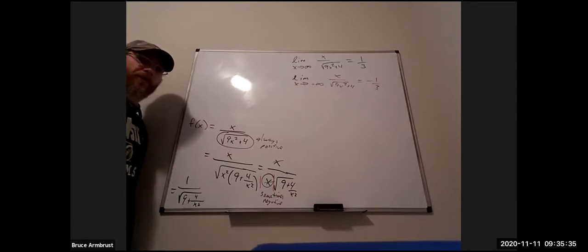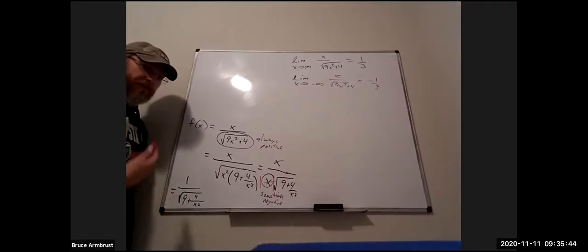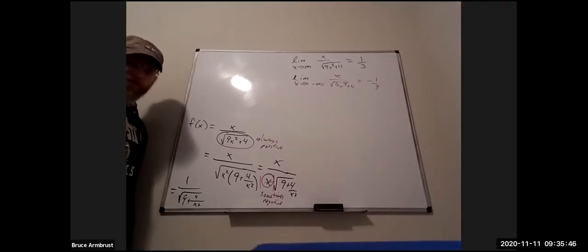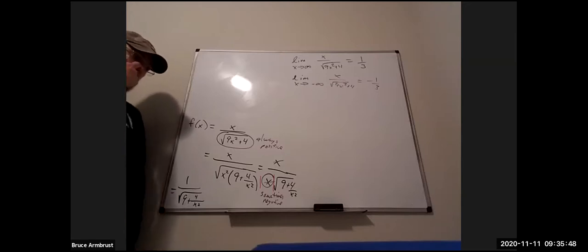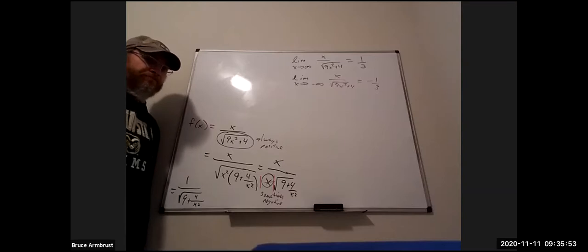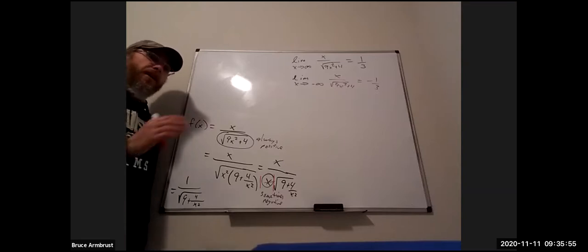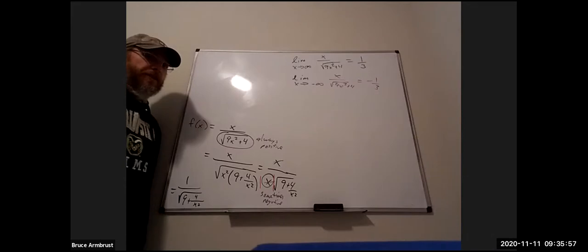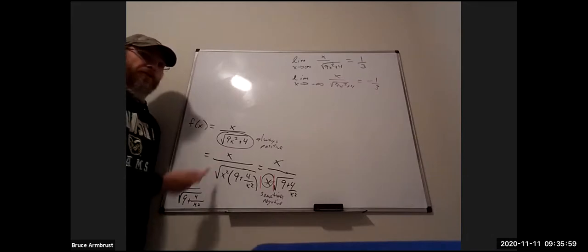You didn't have to worry about that with rational functions, because for rational functions it doesn't matter if you go to plus or minus infinity when all you're doing is taking powers. But with radicals, we do have to watch ourselves. So it is possible to have two different horizontal asymptotes, where you go to a different value as you go towards plus infinity or minus infinity. It just depends on the structure of your original function.